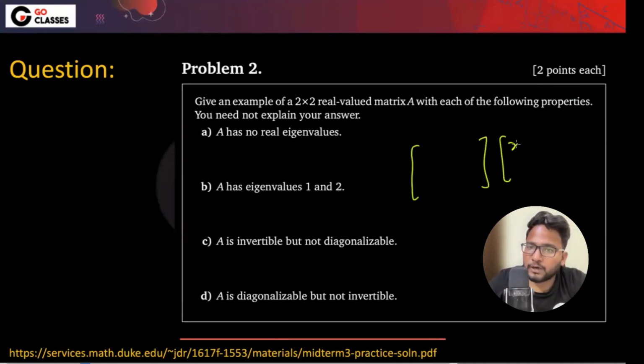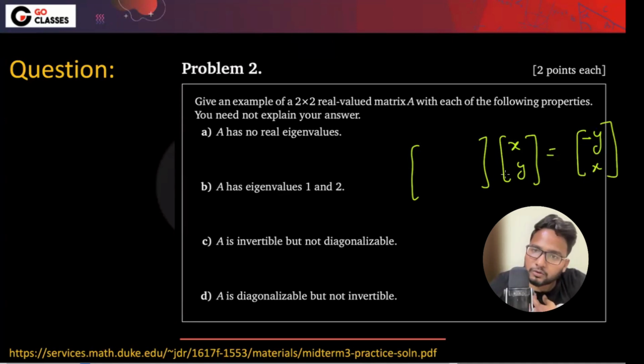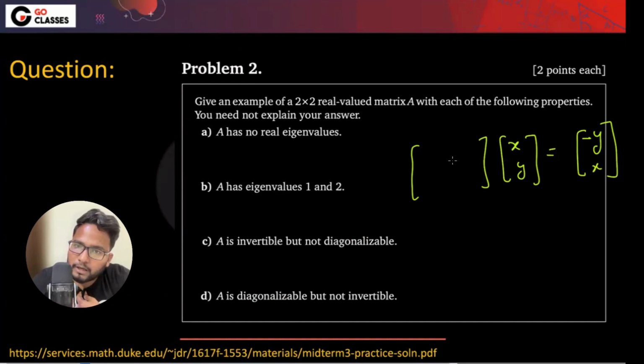For example, if you multiply by (x, y), let's suppose you get (minus y, x). So you want minus y: x times this, y times this. Maybe this is 0, this is minus 1. And you want x, so 1 times this, 0 times this, right?